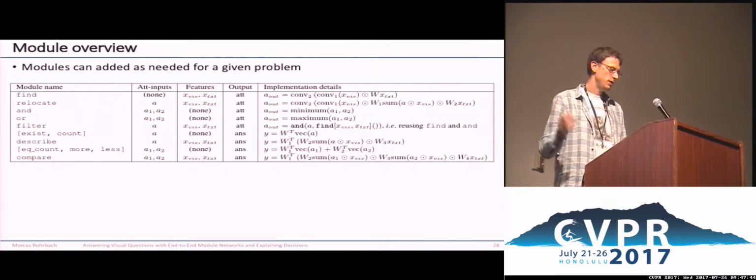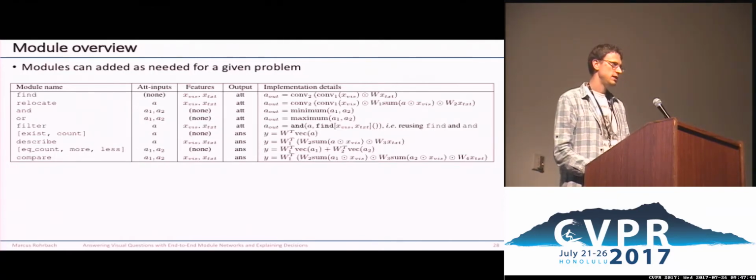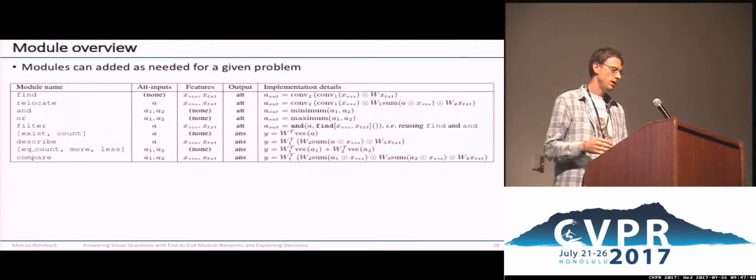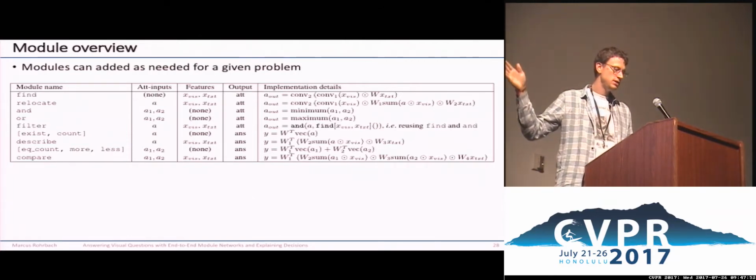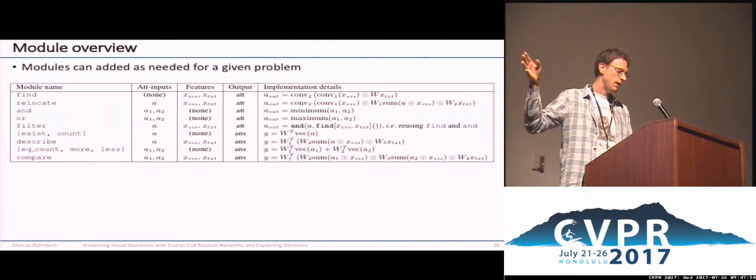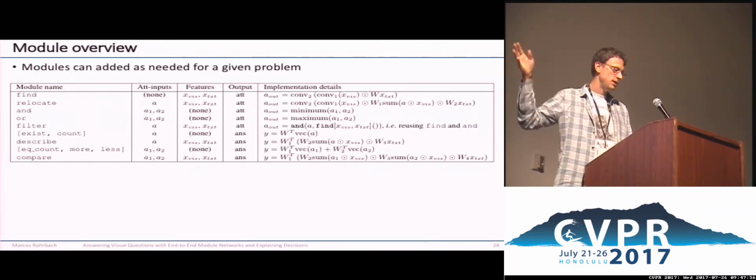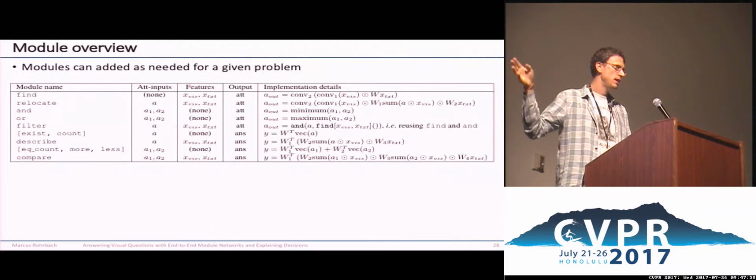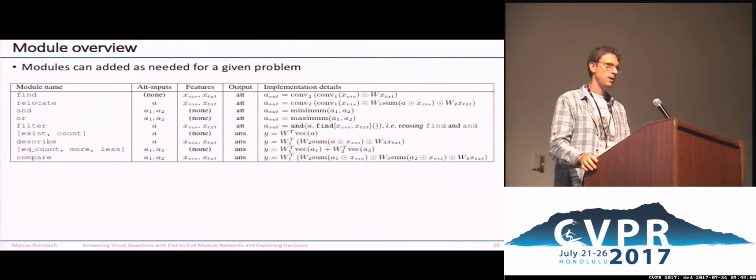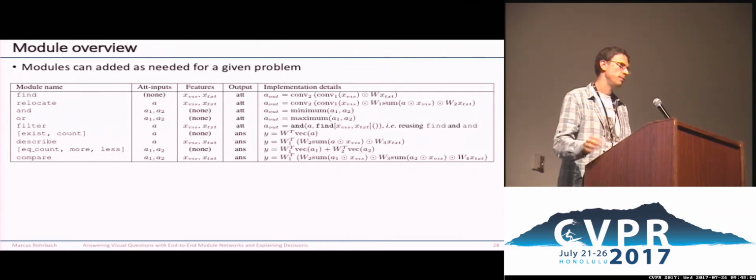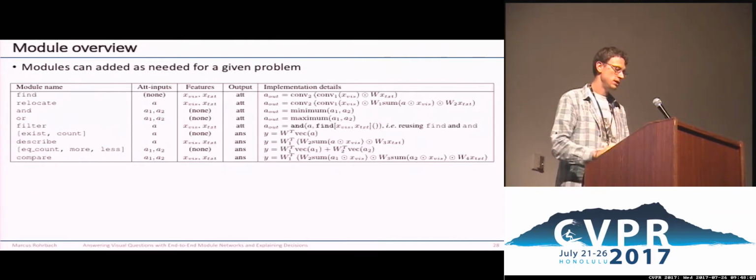But for the CLEVR dataset specifically, we came up with these kinds of modules. And you see they have either attention, so A, as input, and or image features, and they typically output either an attention mask or then a softmax answer, because in the CLEVR dataset, you just need a softmax.